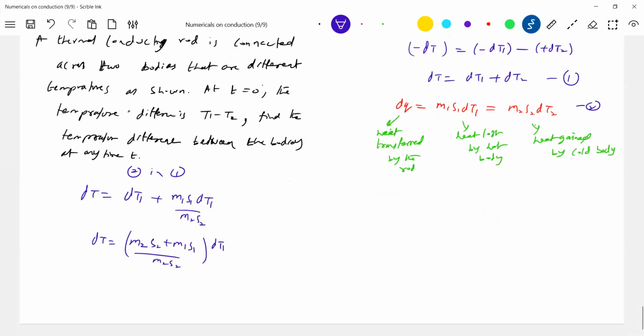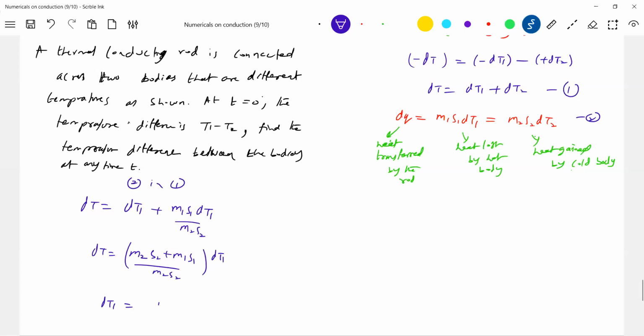So what is the expression for dT1? dT1 equal to m2 s2 dT by m1 s1 plus m2 s2. If you want, you can replace that with heat capacity also, because mass into specific heat will become heat capacity. Okay, this is what dT1 I'll get.